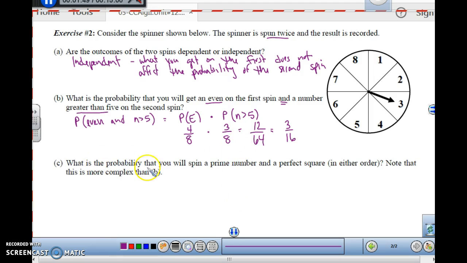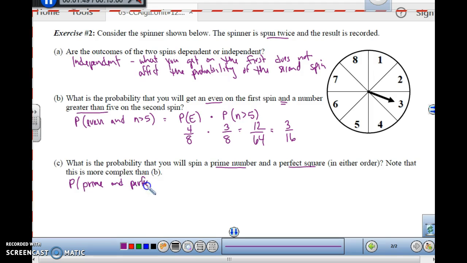All right, what is the probability that you will spin a prime number and a perfect square in either order? Now that's very important, in either order. Note that this is more complex than the previous part. So we have to consider two possibilities. You could get the probability of getting a prime first and then a perfect square.